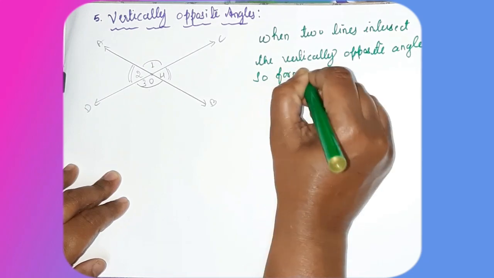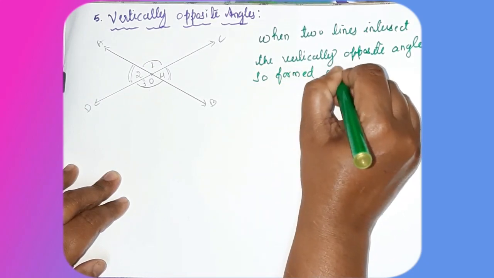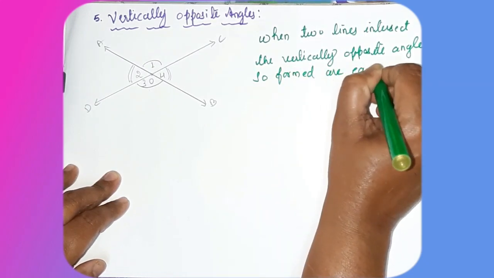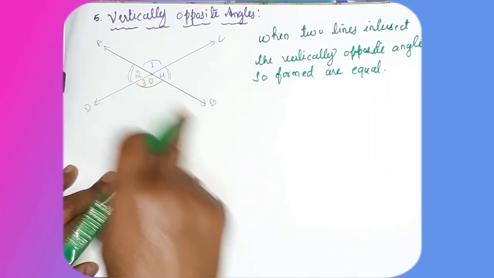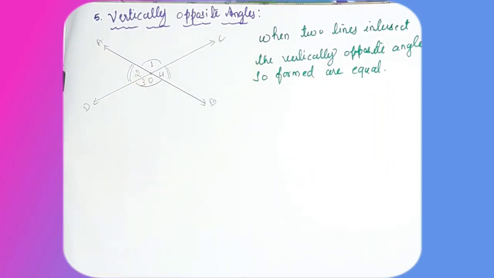When two lines AB and CD intersect, how many angles are formed here?